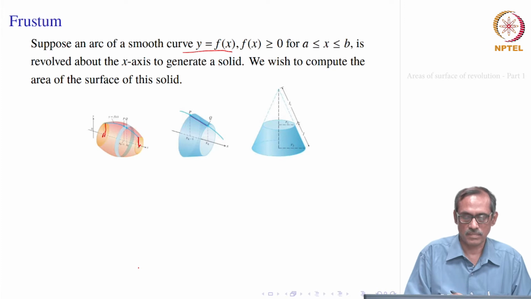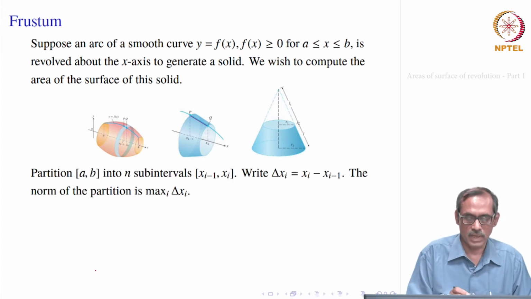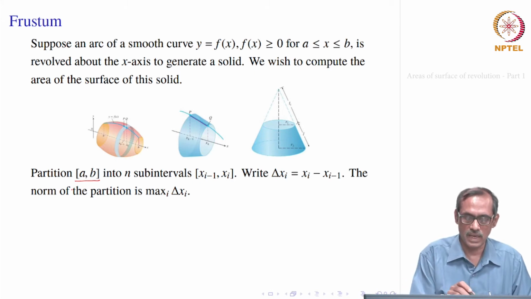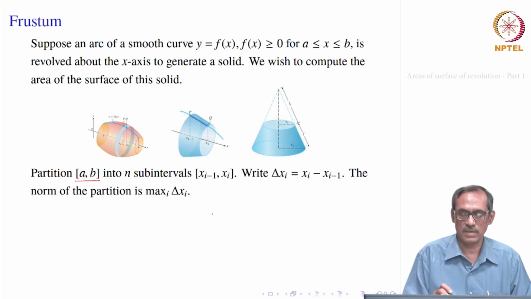and then take the sum of all such small bands to get the area of the surface. Okay. So, that means we take a partition, and this interval a to b is divided into, say, n subintervals, which may not be of uniform length, by choosing some points x 0, x 1 up to x n, where x 0 is a and x n equals b, as usual for our partitions.